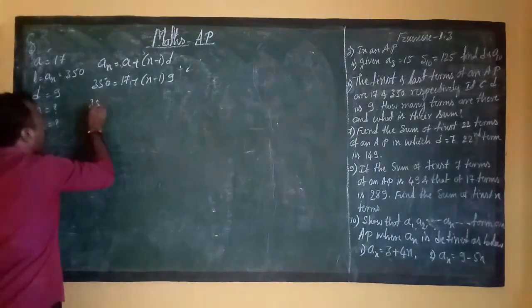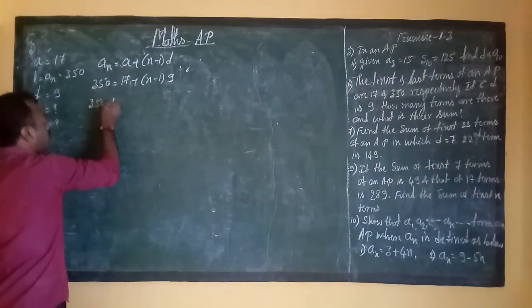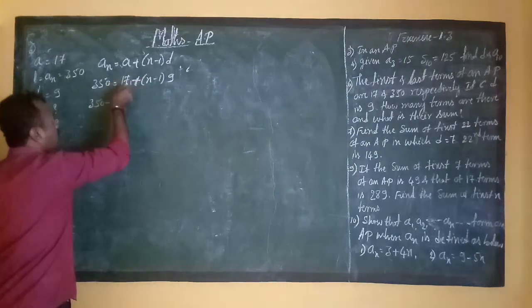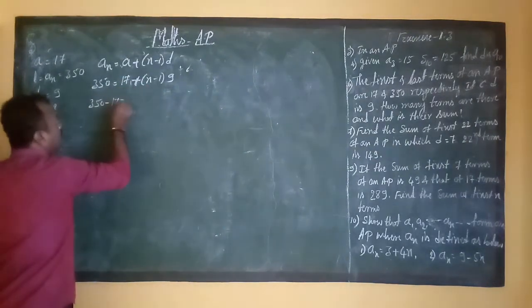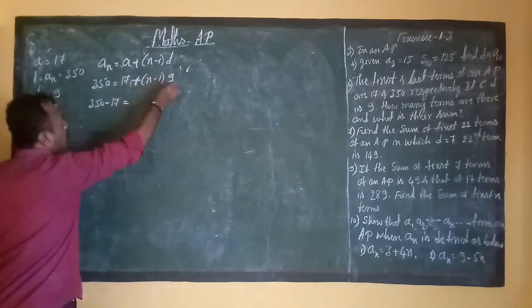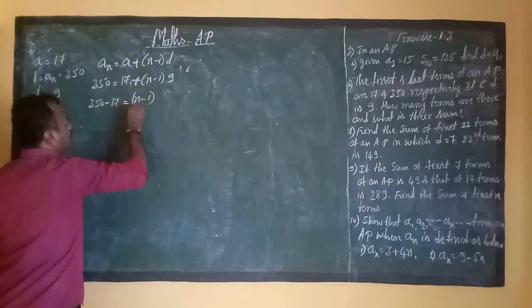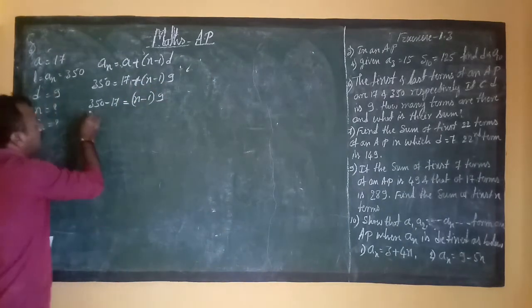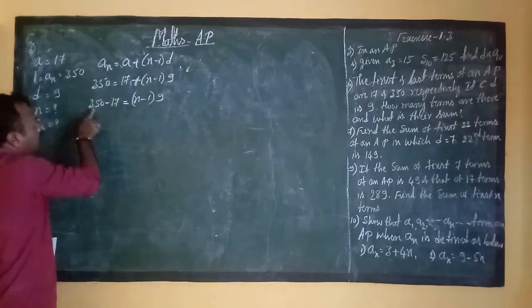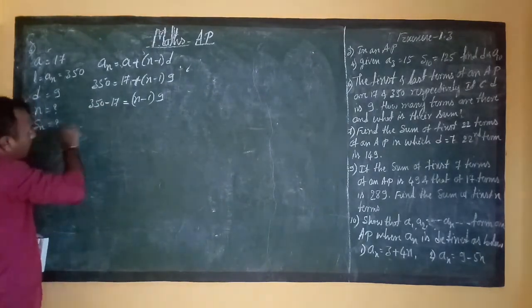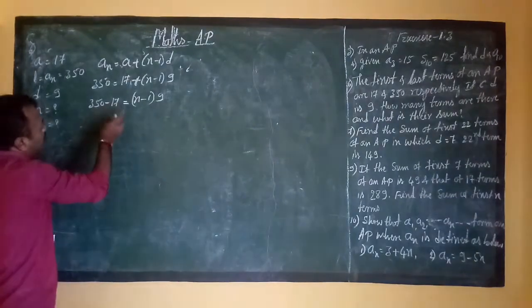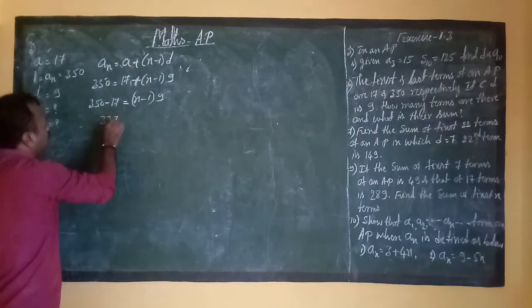Yes, 350, moving 17 across as minus 17, it is equal to n minus 1 into 9. Yes, 350 minus 17. So 350 minus 10 is 340, 340 minus 7 is 333.